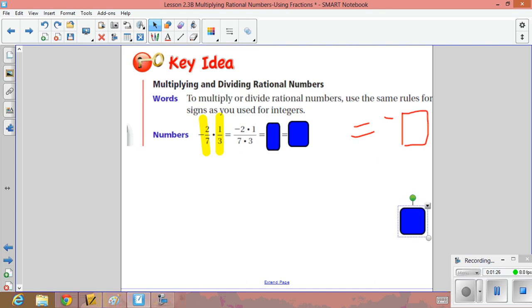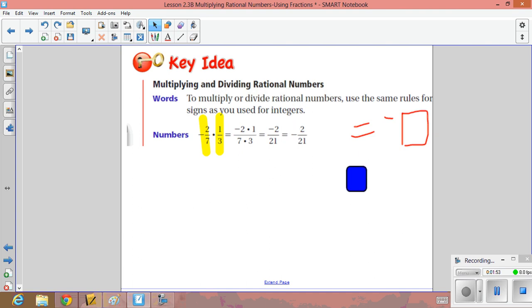When I multiply fractions, I'm going to multiply straight across, numerator times numerator, so I combine that to one fraction, and denominator times denominator, and I make that one whole fraction as well. So then I will simplify the numerator and the denominator to get negative 2 times 1 is negative 2, and 7 times 3 is 21.